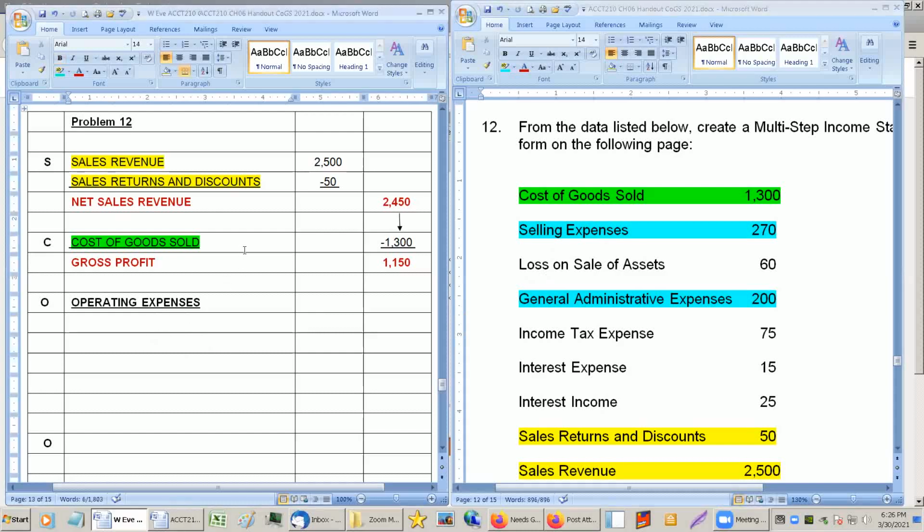Okay, so this is selling expenses. 270. So money going out.